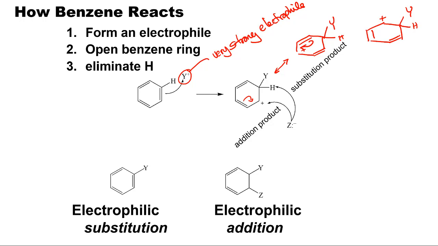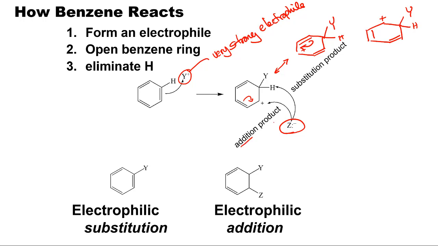Okay, so now two things can happen following that. One is you can have a base or nucleophile. So Z is either a base or a nucleophile depending on how it behaves. A nucleophile attacks the carbocation, right?